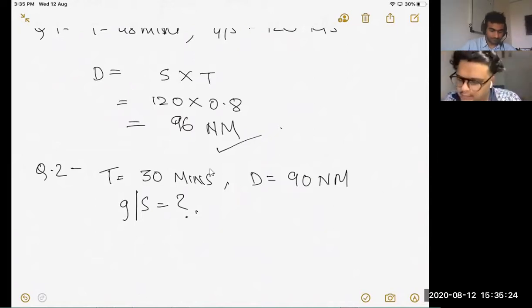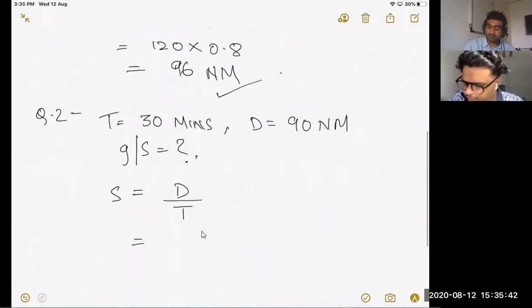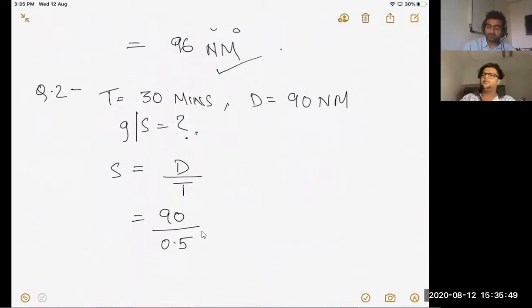First I will convert my minutes into hours, that is 0.5 hours, and then I'll solve it. Speed is equal to distance upon time. So it will be 90 divided by 0.5, which is 180 ground speed. Knots, sorry. So my speed is 180 knots.